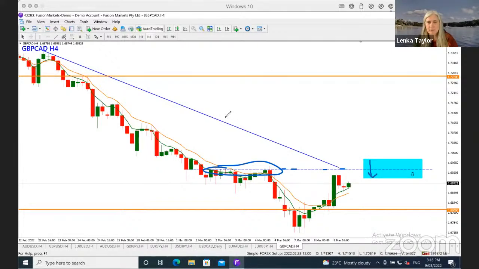If there is a close above there, then I would be looking for long opportunities. But at the moment, again, it's very similar to the previous one: not enough room, but it still looks like going short.